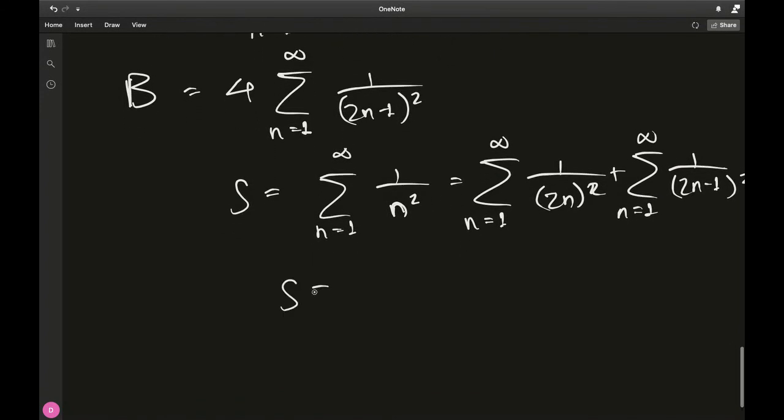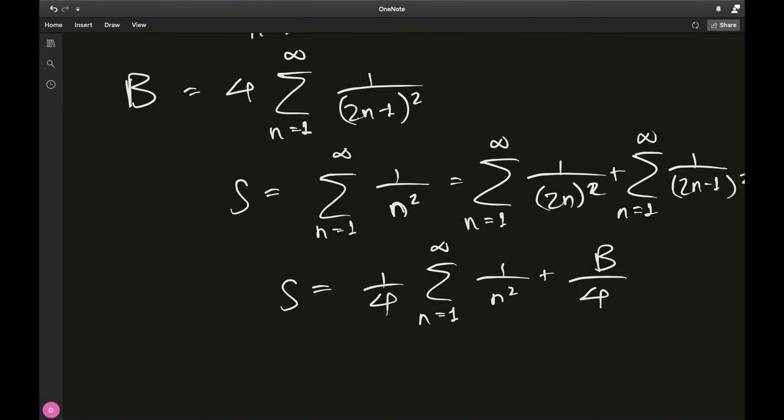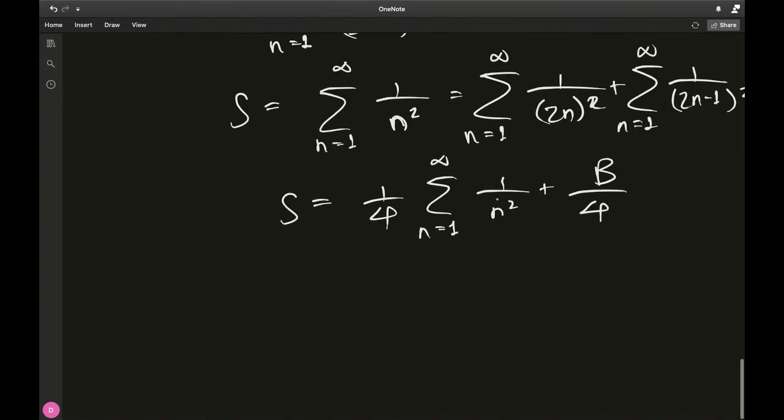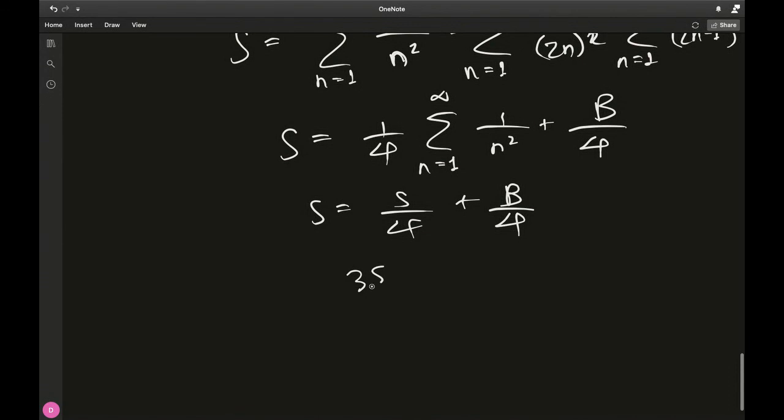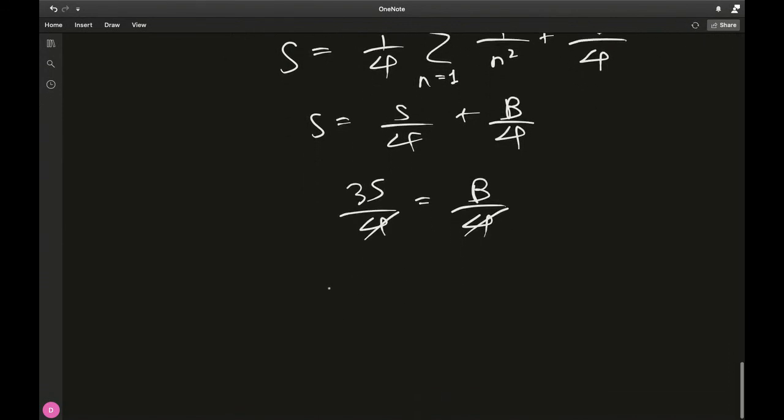So S is equal to, you can factorize out the 1 over 2 the whole thing squared, which is 1 over 4, sum from n equals 1 to infinity 1 over n squared, plus this will be b over 4. This is just S but with a 1 over 4, so S is equal to S over 4 plus b over 4. We have 3S over 4 is equal to b over 4, cancel out the 4. S is actually b over 3, but what is b?